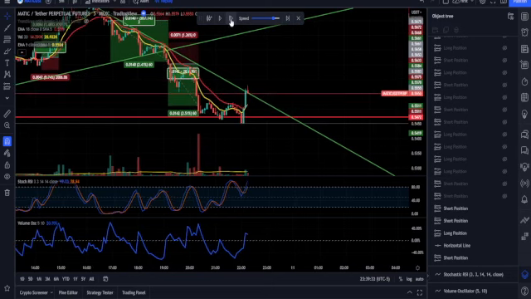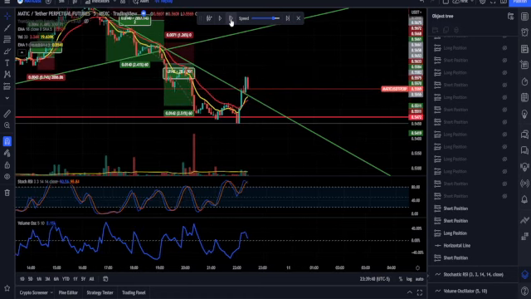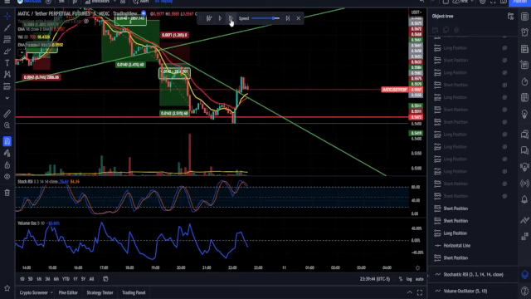Okay, broke our trend line, so now we need to see what's going on.